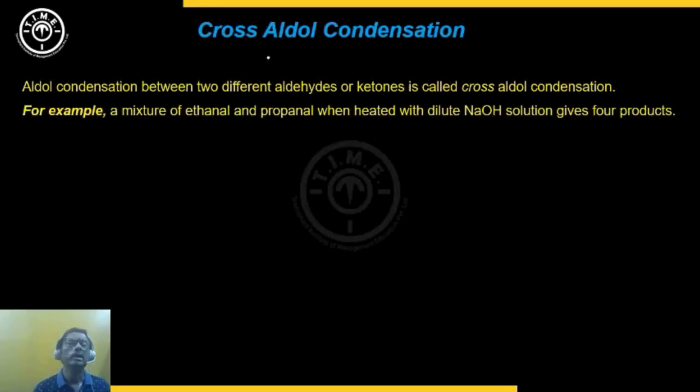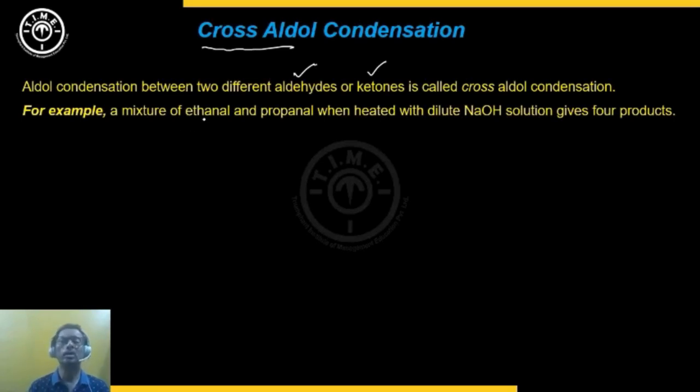Next, we had seen so far two identical molecules reacting with each other. It could be two aldehydes or two ketones, two acyclic ketones or two cyclic ketones that we saw. Now we could also have a cross aldol, where we may have different aldehydes or ketones interacting.